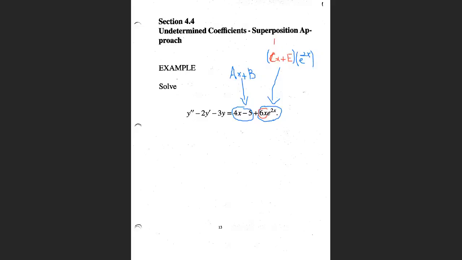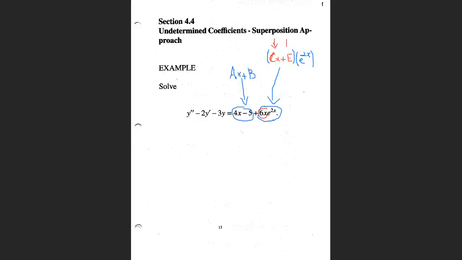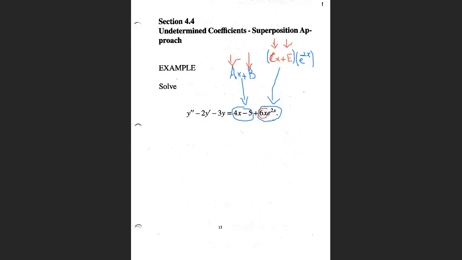But you can put a D if you want. But we have to use different coefficients. Being that we used A and B here, we have to use different coefficients here, C and E.